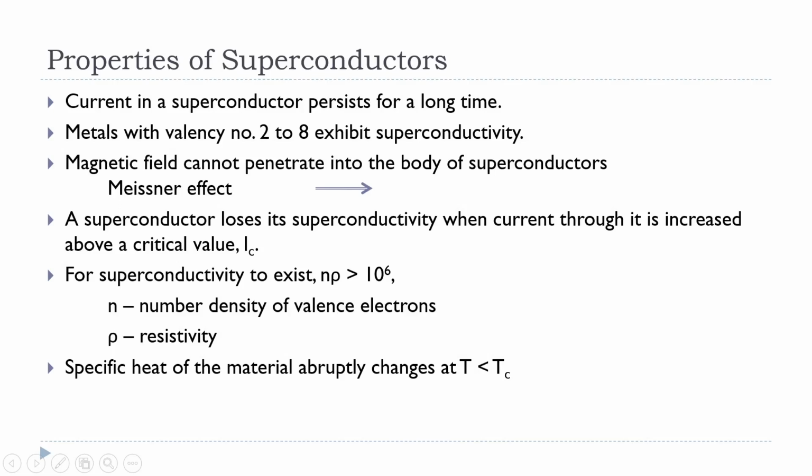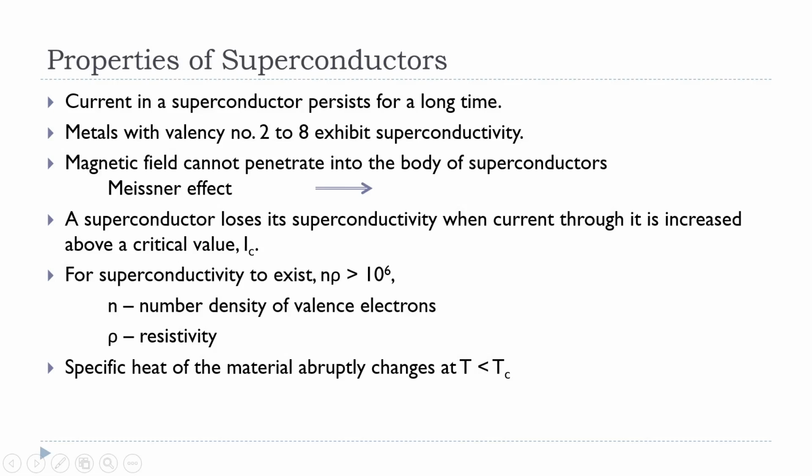A superconductor loses its superconductivity when high current is passed through it. As the current passing through it is increased above a critical value Ic, that metal can lose its superconducting nature.